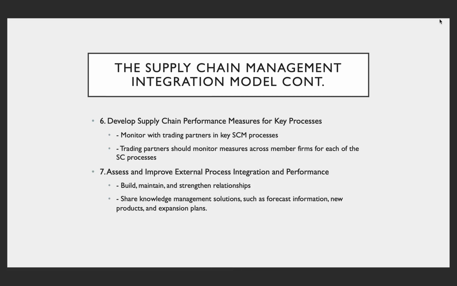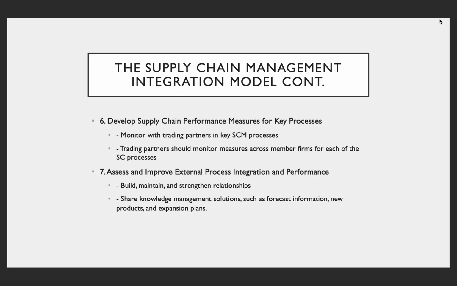Six is to develop supply chain performance measures for key processes. Monitoring with trading partners is key in supply chain management processes. Trading partners should monitor measures across member firms for each of the supply chain processes.